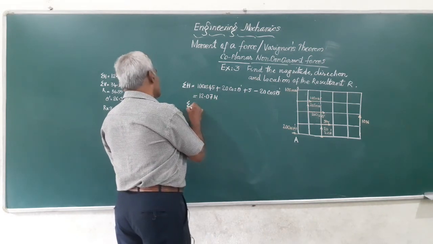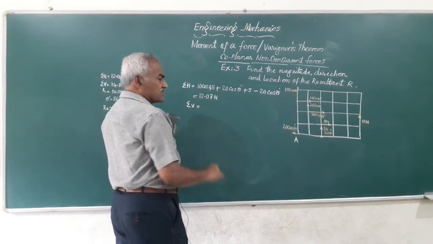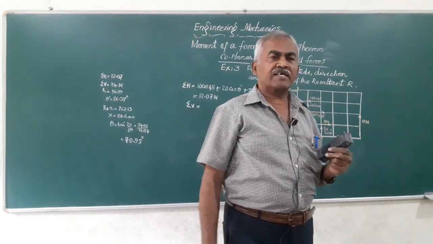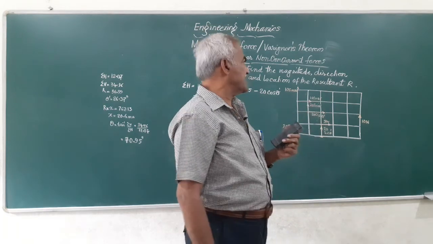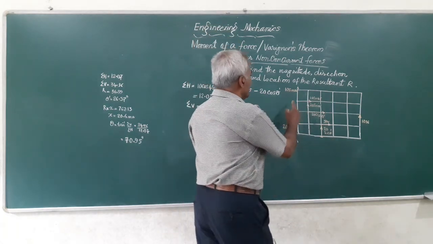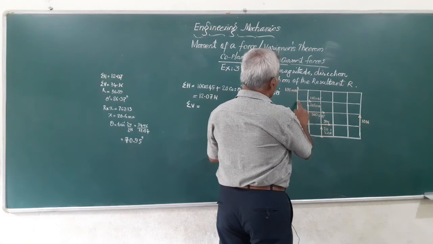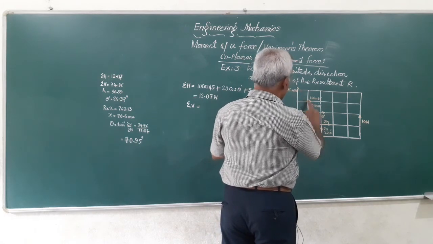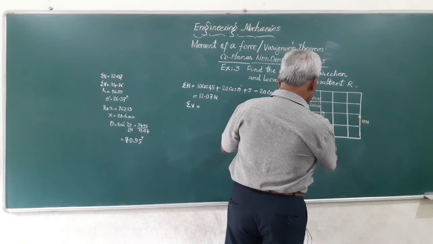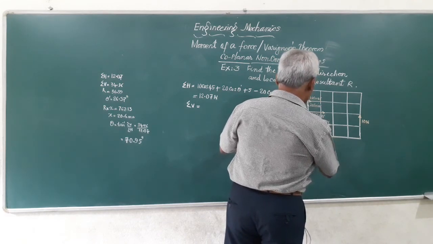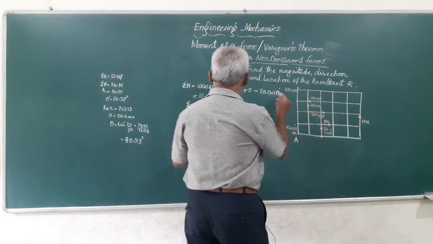Friends, on the same lines, let us also find out sigma V, the algebraic sum of all these forces in the vertical direction. Friends, you can start from here. There is 10 sin 45 acting upwards, 20 sin theta dash, and this is 20 sin theta dash again in the upward direction, 10 Newton. So, we will take one by one.